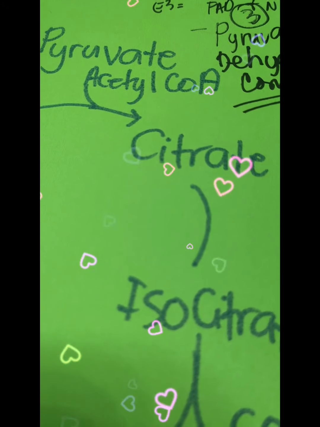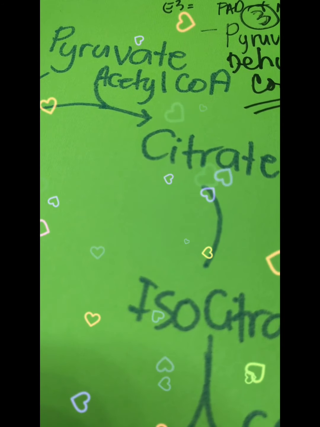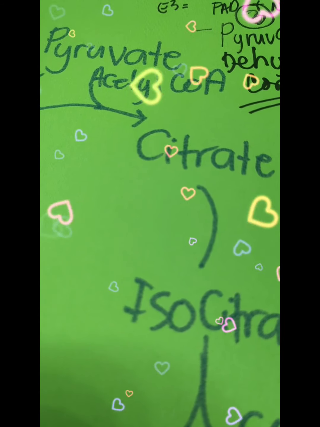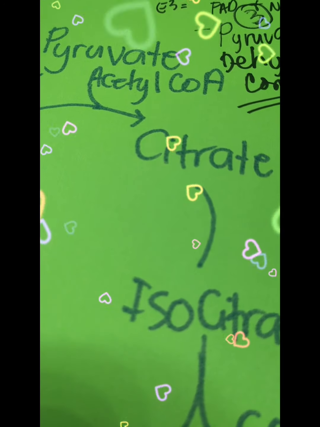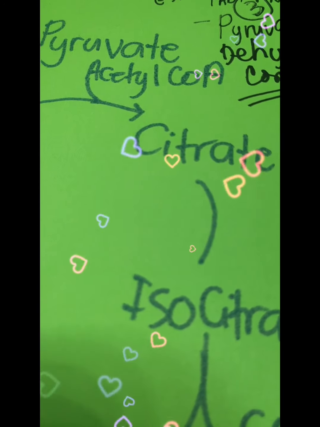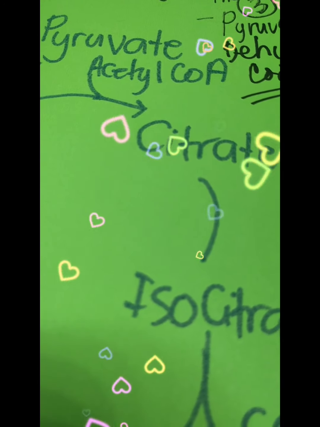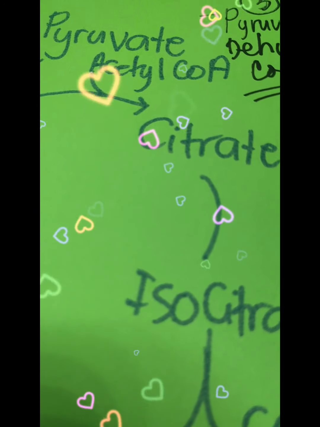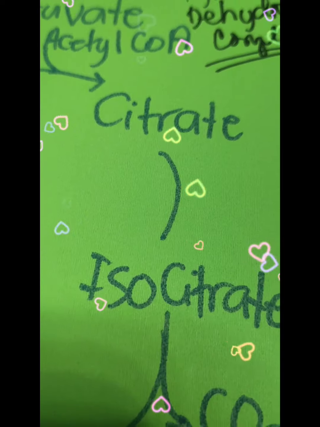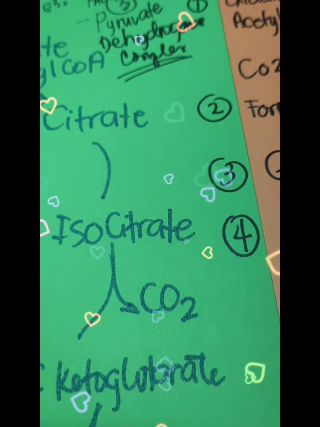And your citrate, by the way, as it inhibits your citrate synthetase, it activates naman your acetyl-CoA carboxylase. Okay? And also your PFK1. So, after the condensation of OAA and acetyl-CoA, you produce citrate. The citrate will then be isomerized to become your isocitrate.